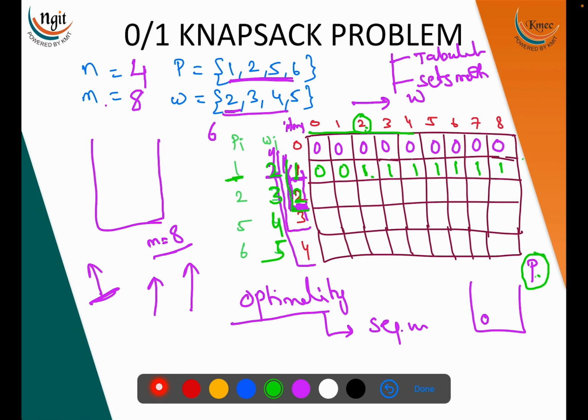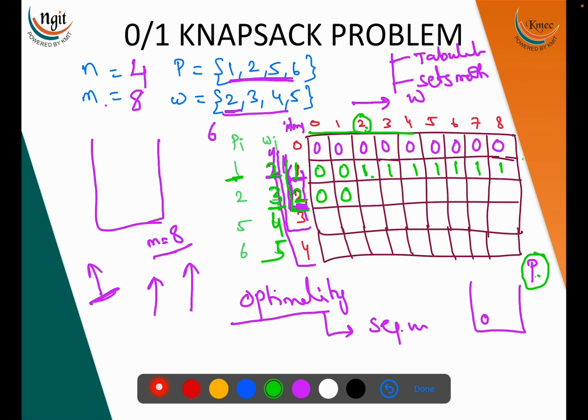When you have two objects, these are the same values because no object has one weight. So what is the weight of your bag? 8. But the weights of your objects are 2 and 3. So what maximum weight will you utilize? 3 you will utilize. So come to 3.